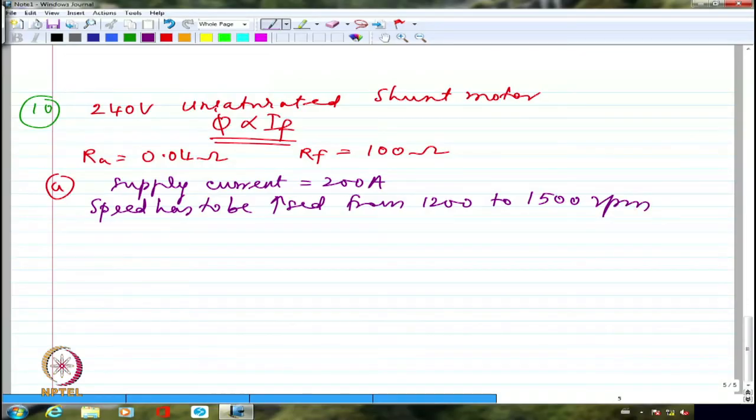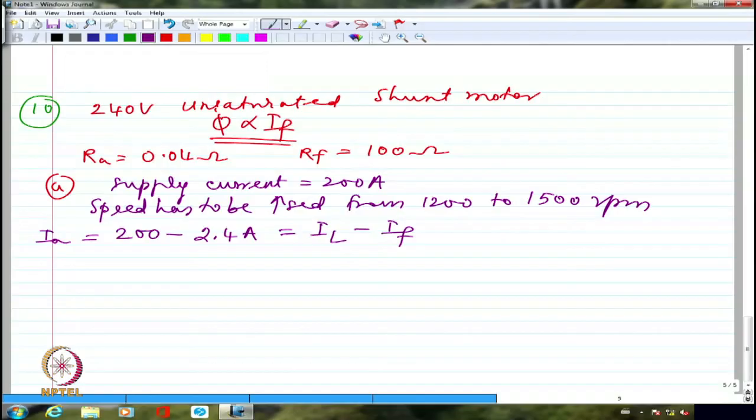Okay? So if the supply current is 200 ampere, this consists of both armature current as well as field current. So I should be able to say, first of all, 200 minus IF. IF is 240 divided by 100, which is 2.4 ampere. Right? So this is essentially IA, which is IL minus IF.